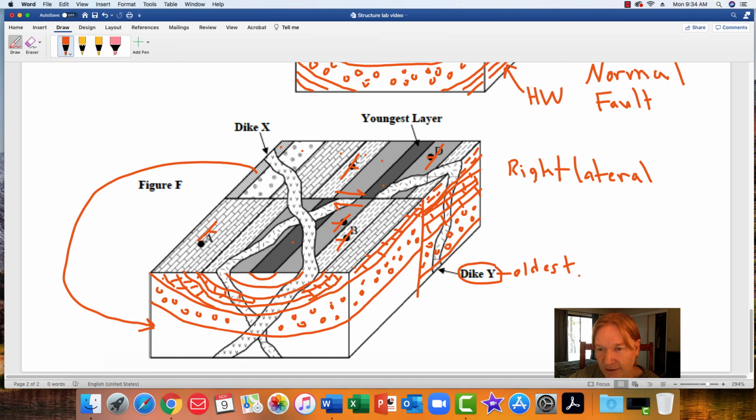Okay, so oldest, middle would be the fault. And then finally, dike X cut through all of them. So dike X has to be the youngest. In fact, it's even younger than the youngest layer here, right? Because it cuts across that gray layer.